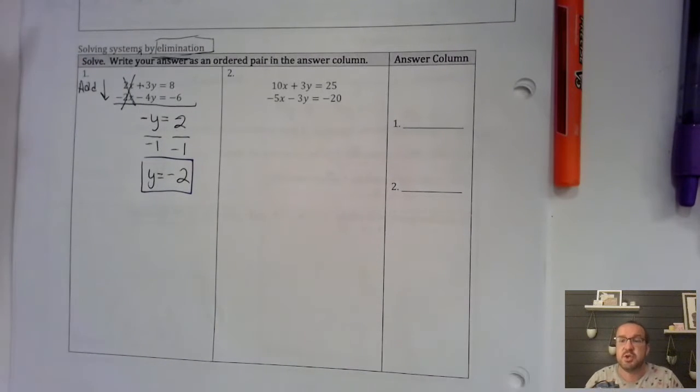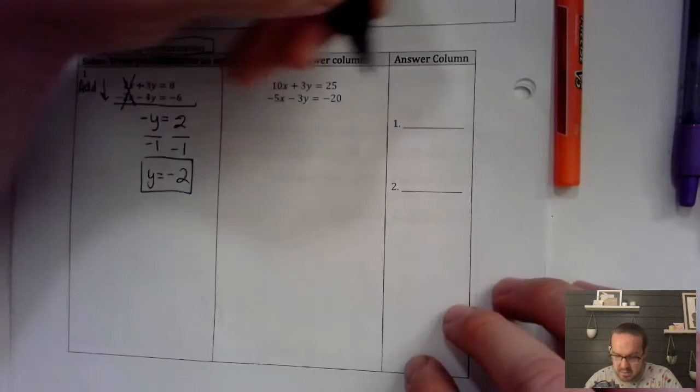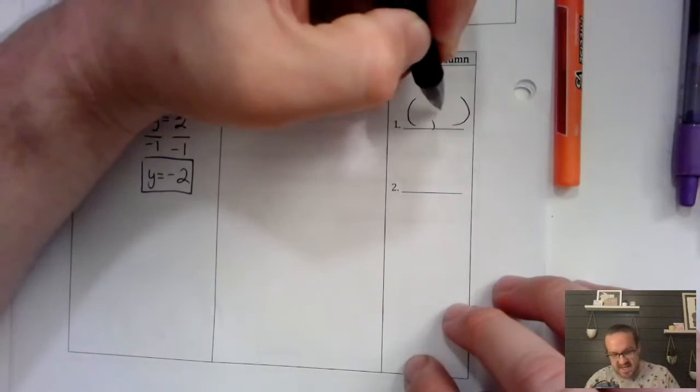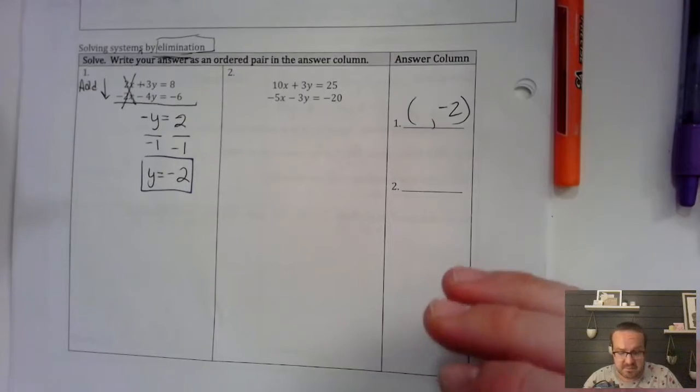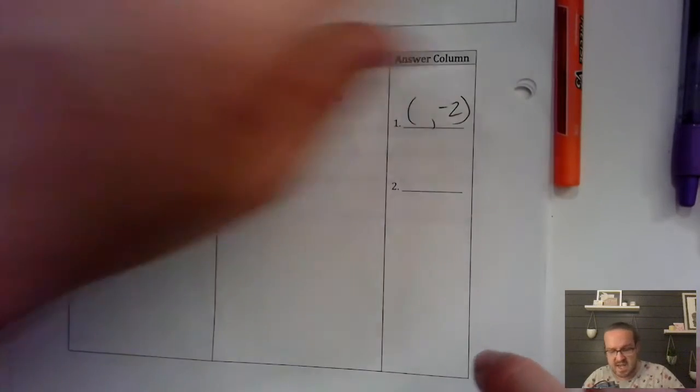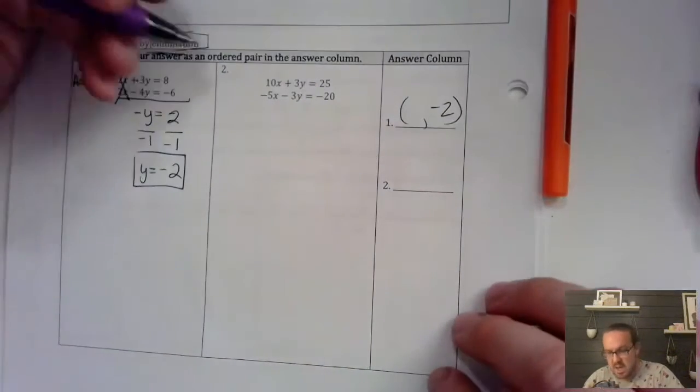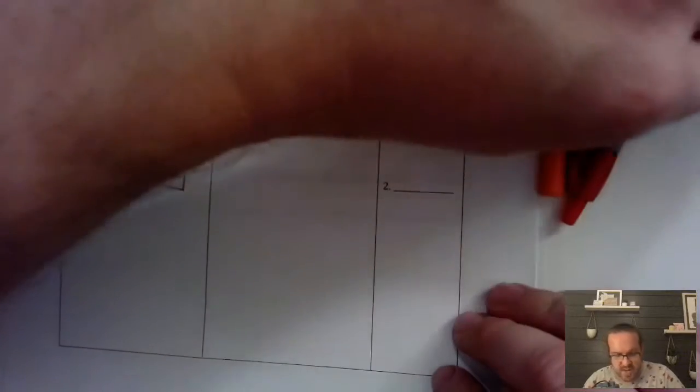Now, here's what I do. Just like substitution, I have to find two letters. So we know that my answer is a point. And we have negative 2 as one of our answers. Let's see about getting it back into the other. It doesn't matter which one that you use to plug it in. So let's just say this is the purple and this bottom one is the red.